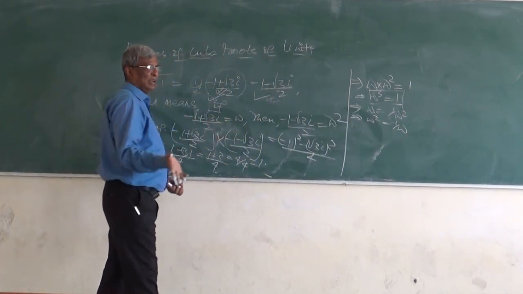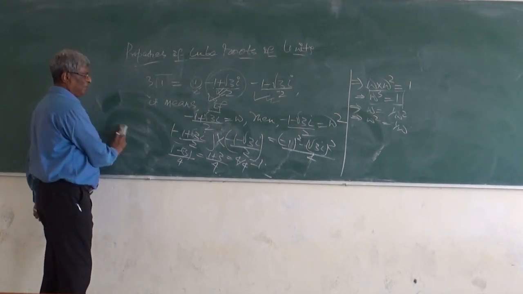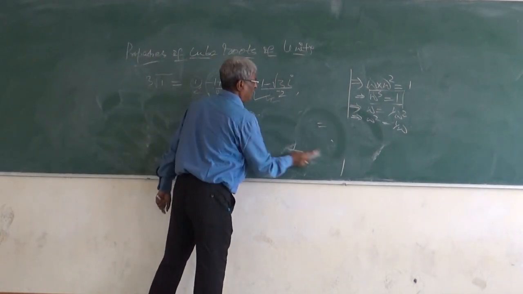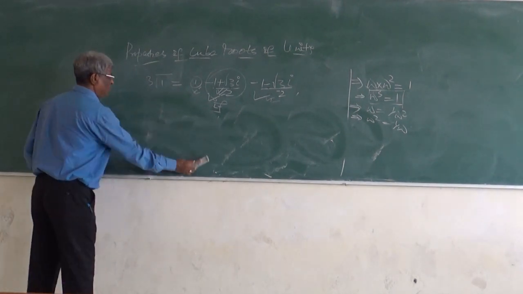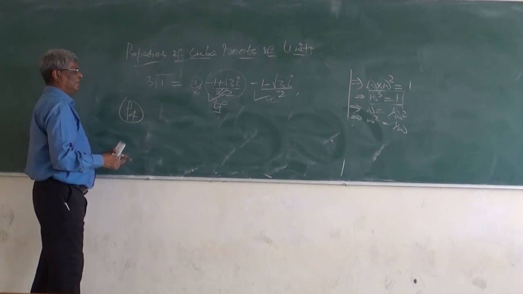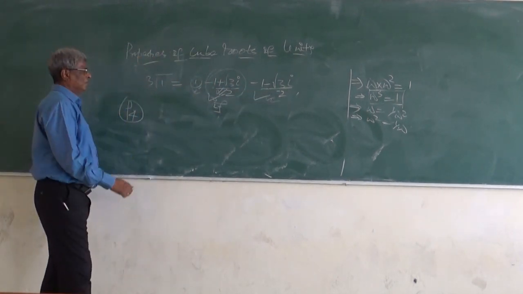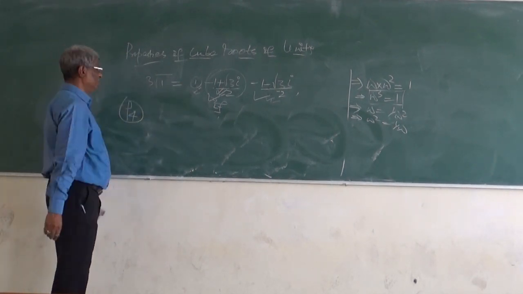So students, the last property of cube roots of unity is what? Please see. Let us write property number 4. The sum of all these cube roots of unity is 0.